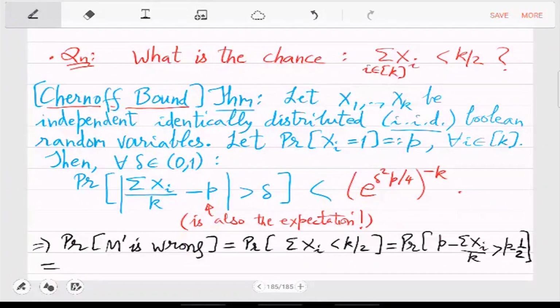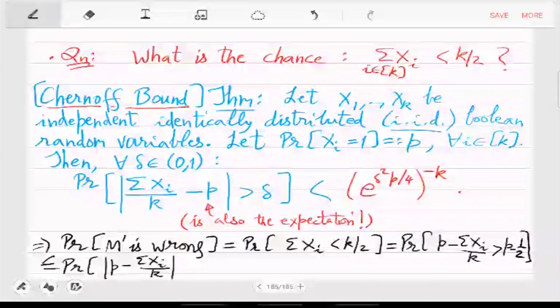So let's invoke that. That is the same as the absolute value of p minus sigma xi by k being greater than n to the minus c. So the average is away from the expectation by n to the minus c.